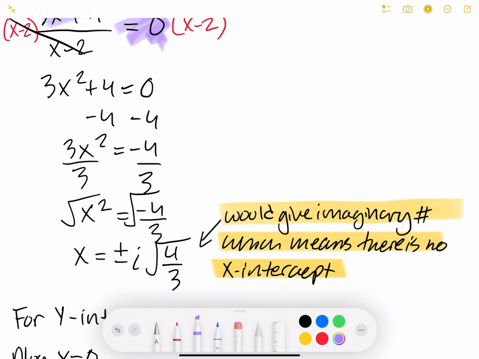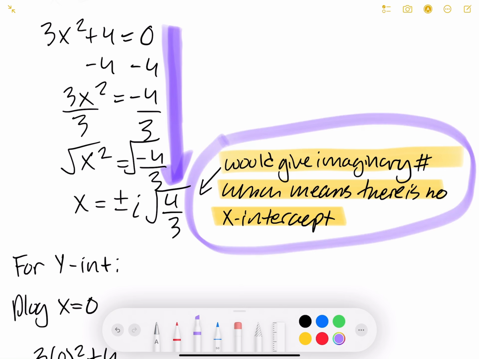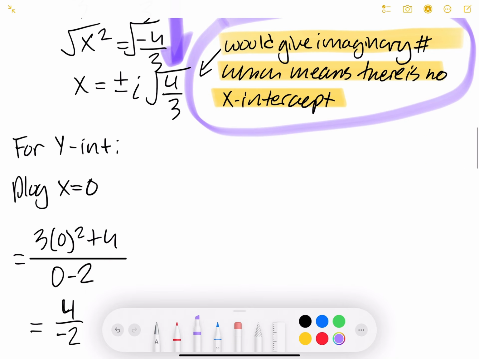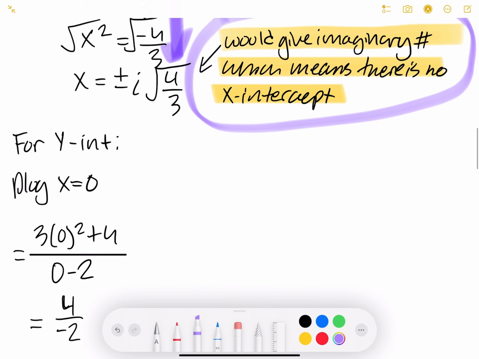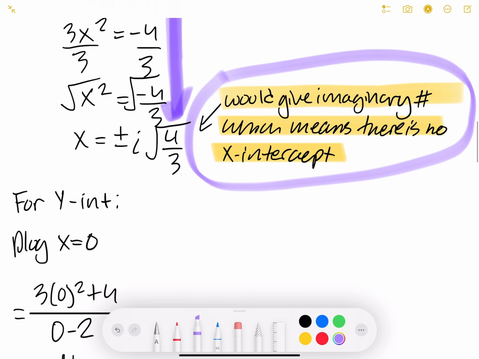In this case, I went through the whole cycle, all of this down right here, and I ended up with an imaginary number, x equals plus or minus the imaginary square root of 4 over 3, which means that there is no x-intercept. And that will play into finding the asymptote later.